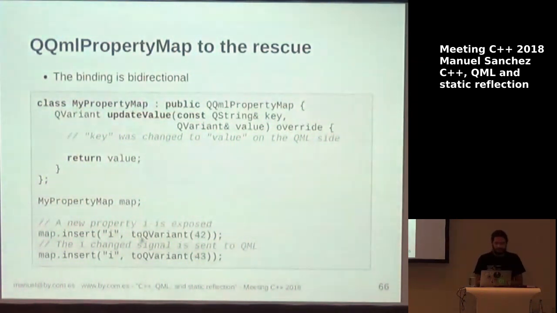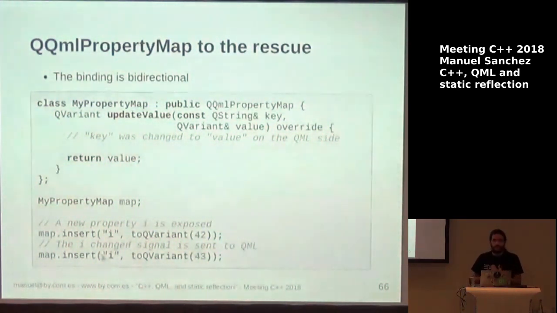You have a C++ API, like a map, that says, okay, insert a pair, key I and value 42. Okay? That will generate under the hood all the properties, the signals, whatever, and the QML will see a new property named I with a value 42 integer. Okay?